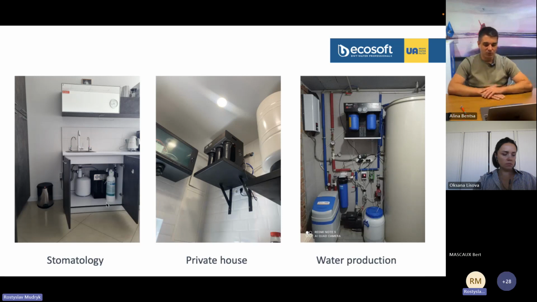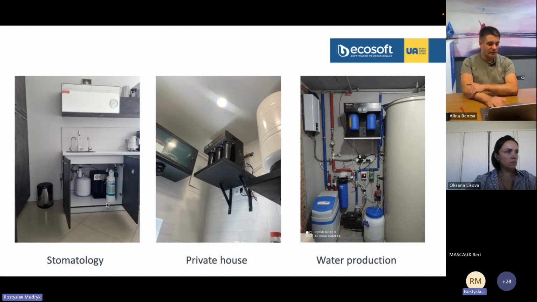Then we get water with a TDS of around 2 ppm, I would say even less than 2 ppm. This water is perfect for the sterilizers. The dental practice uses around 5 liters of such water a day. Every day they discharge the water from the sterilizer and put in new water, 5 liters with a TDS of 2 ppm.